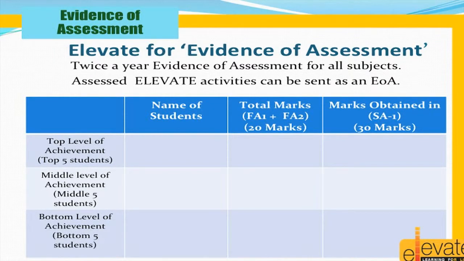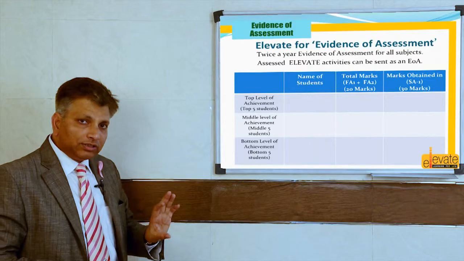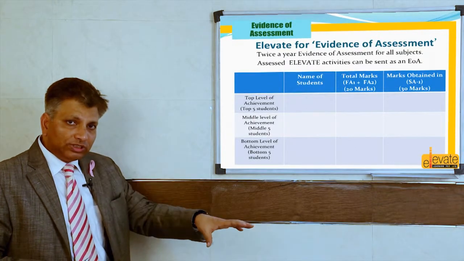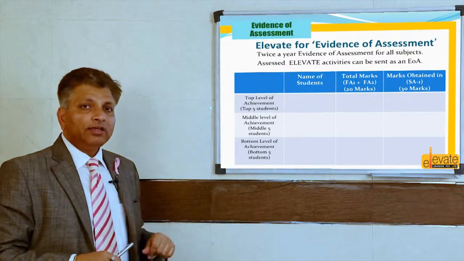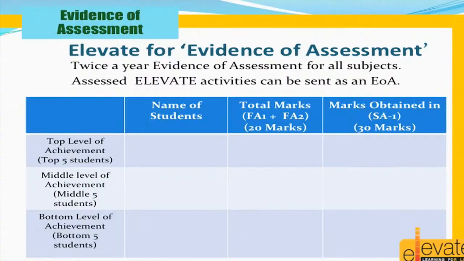And then from the top 5 students, you have to send their worksheets to CBSE. From the middle, 5 students' worksheets you have to send to CBSE. From the bottom, you have to send 5 worksheets to CBSE officials. So this way, Elevate serves the purpose of sending evidence of assessment to CBSE.